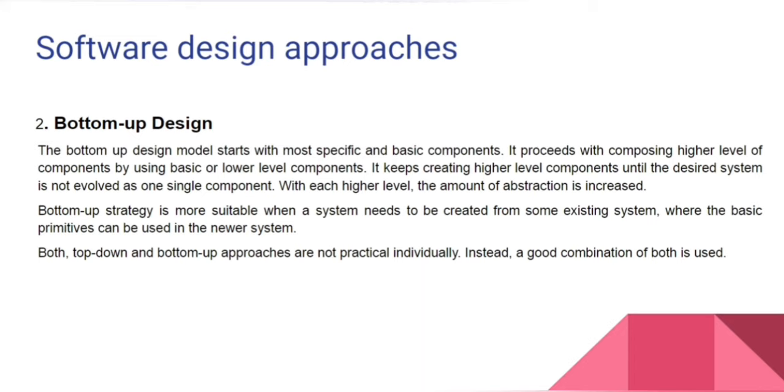While in top-down design, I consider the big entities such as the university management system, and move toward the administration, the dean, departments, so I design the system from the top towards the down. While in bottom-up design, I design the system from basic components moving towards the higher components. So this is the bottom-up design approach.